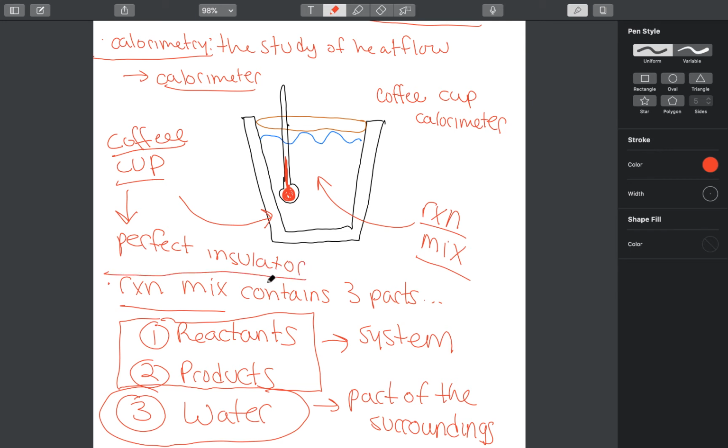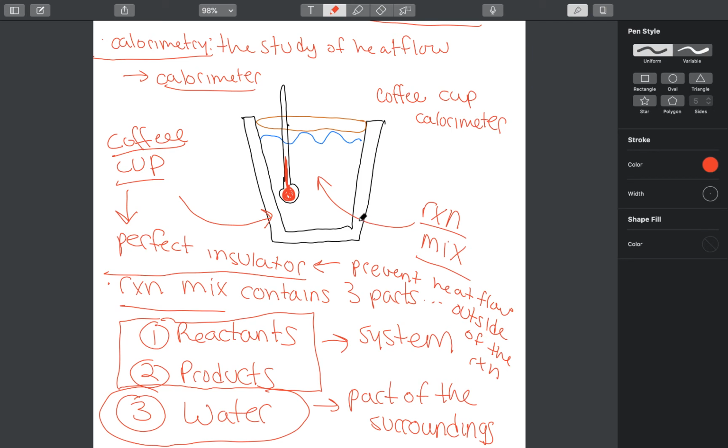So in other words, any change in temperature in the water is due to the reaction itself and not due to heat flow from the environment, because the coffee cup prevents heat flow from the environment and from the calorimeter itself. So perfect insulators prevent outside heat flow. It prevents heat flow from anything other than the reaction itself, because the reaction is occurring inside the calorimeter.